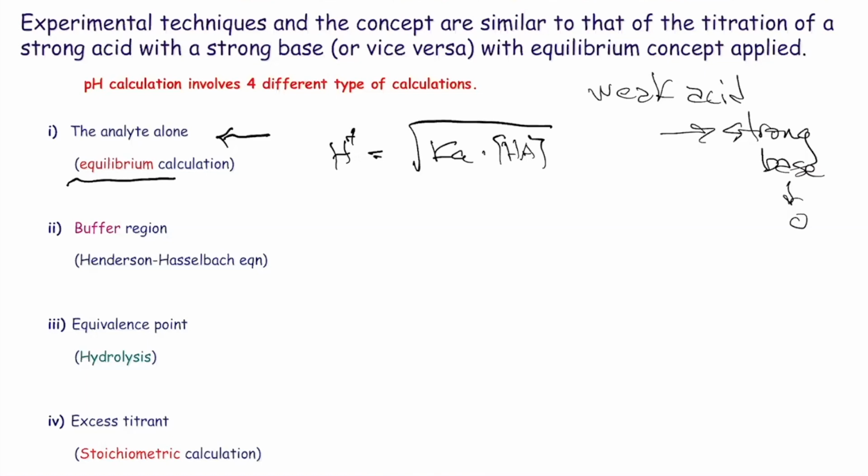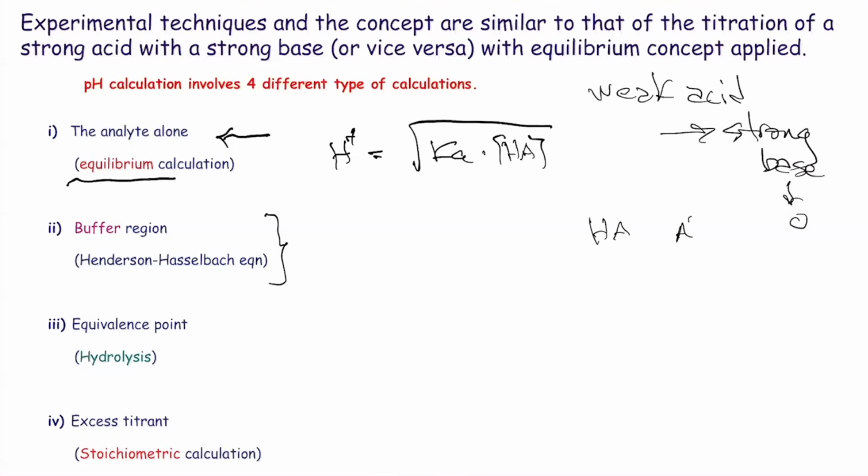Okay? Buffers are super easy, because now you're going to add a certain amount of base into your analyte, and some of it reacts. So what you have is the acid and its conjugate present in the same solution.